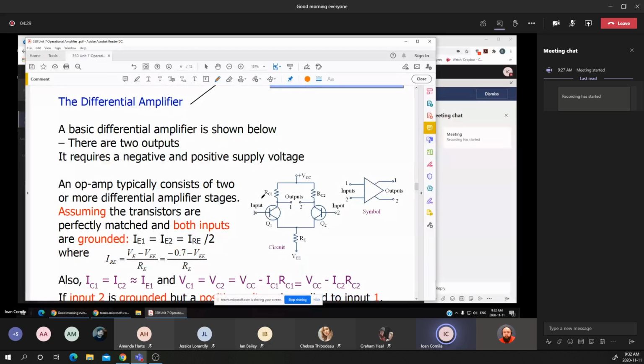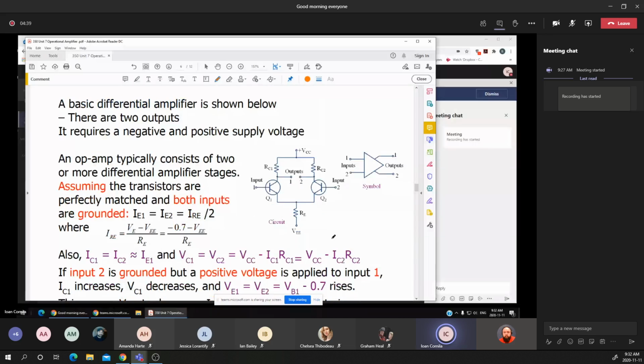Now, imagine that we have the two identical transistors, the two identical resistors, and a single or common resistor connected to the two emitters. I will make an assumption that I'll separate the two transistors.